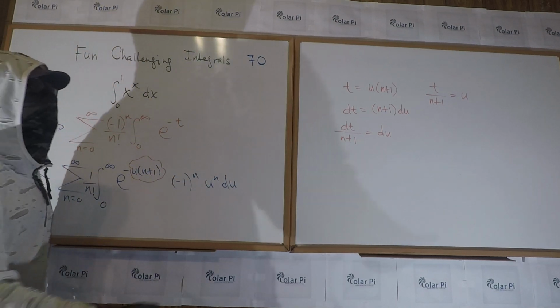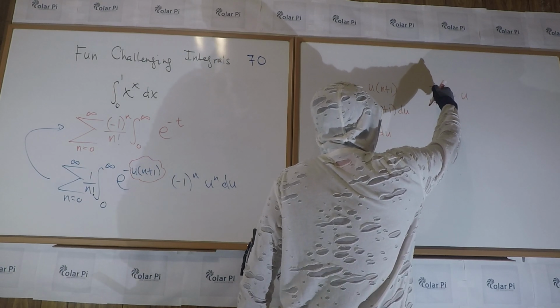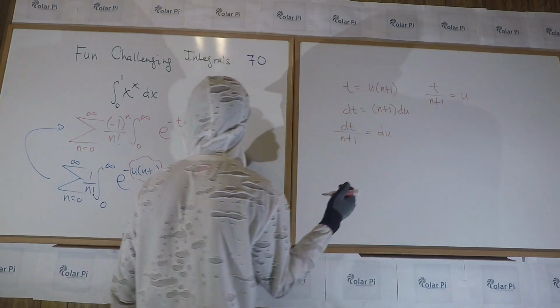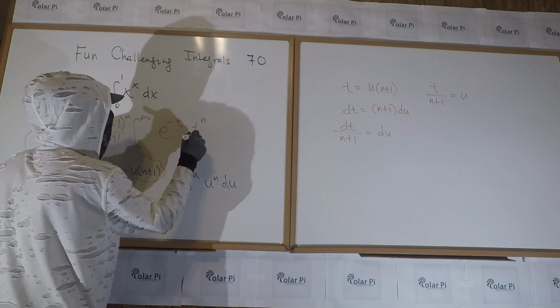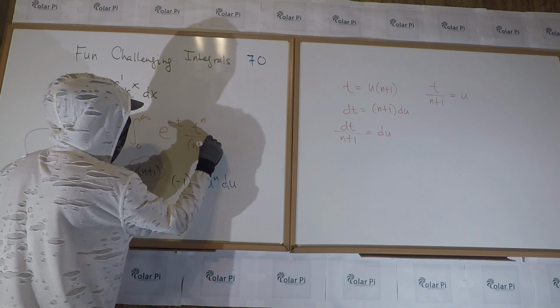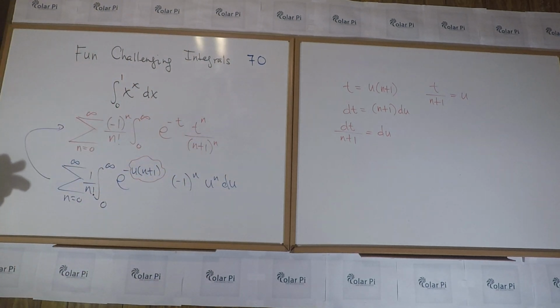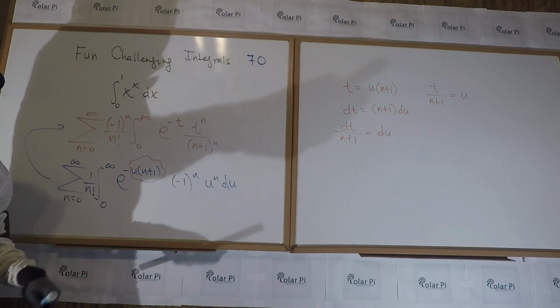u to the n is t to the n divided by n plus 1 to the n. If u is t over n plus 1, then u to the n is t to the n divided by n plus 1 to the n.